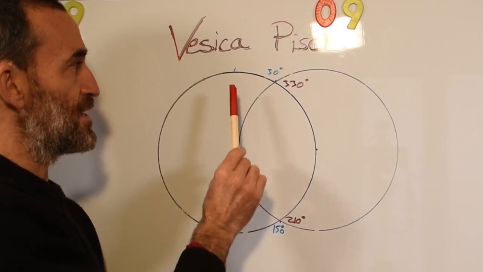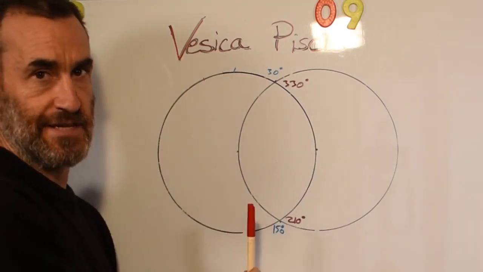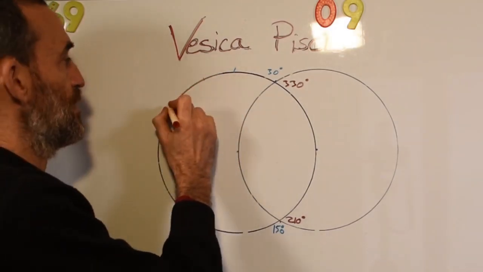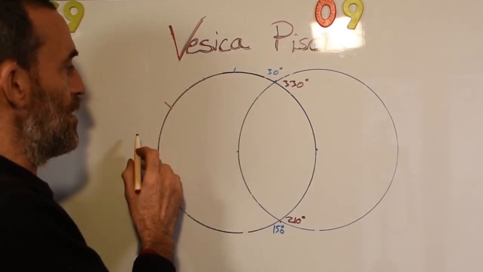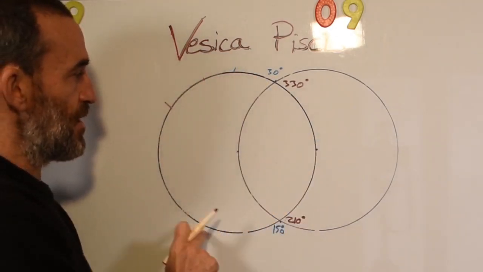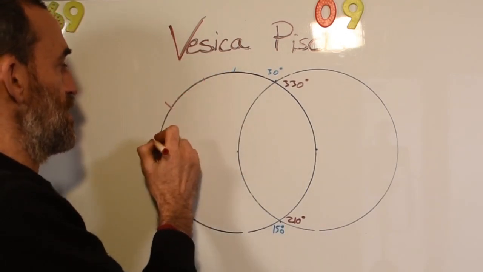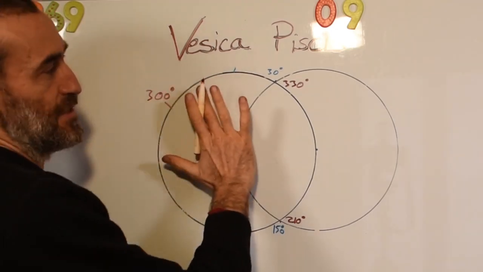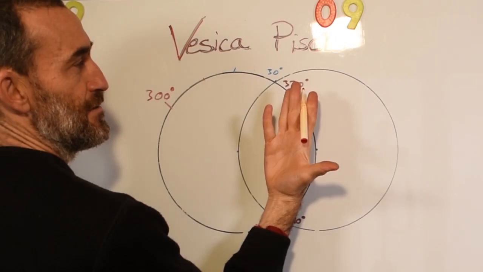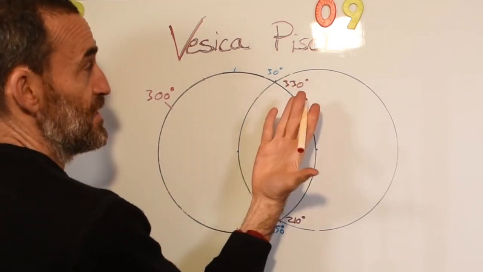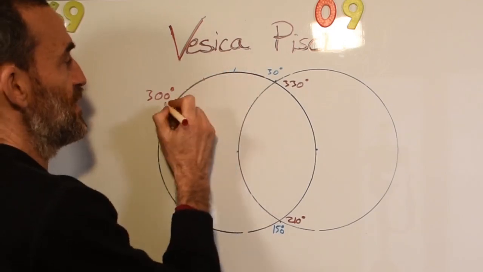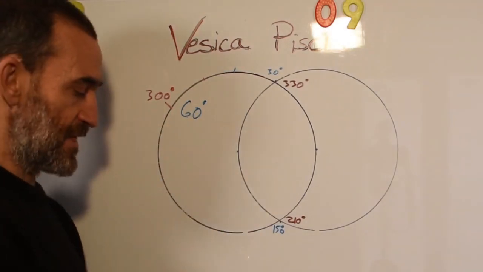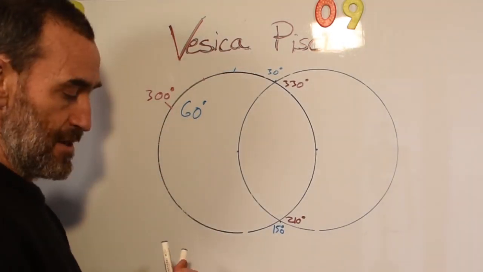It's not a very significant fact that they add up to 360, because if I was to take any point here, which going around in this direction would be, let's say, the 300 point, then if we were to flip the circle this way and go round the other way, this would also be the 60-degree point here. So that's always going to be the case, if you like.